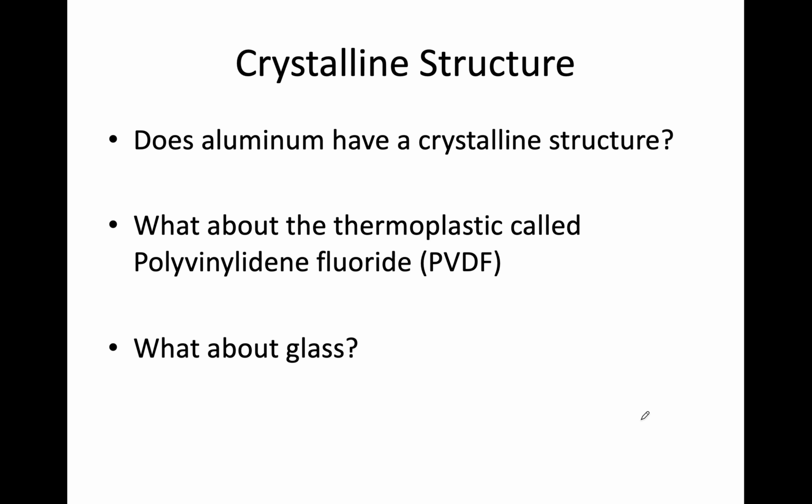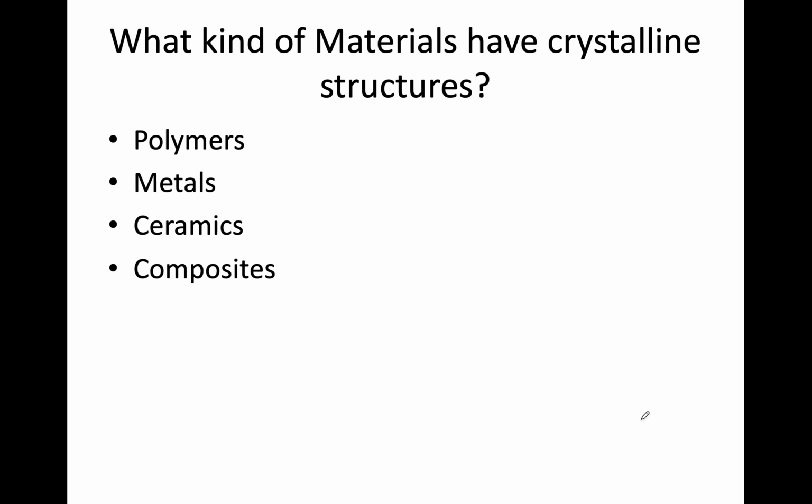All metals will have some form of crystal structure, and plastics can have crystal structures as well, whether amorphous, single crystal, or polycrystalline. So all of these materials have crystalline structures. So don't think that, just because we're talking about crystals, we're talking about a certain type of material. All of the materials out there can have a crystalline structure. Even if it's amorphous, that's a type of crystal structure.